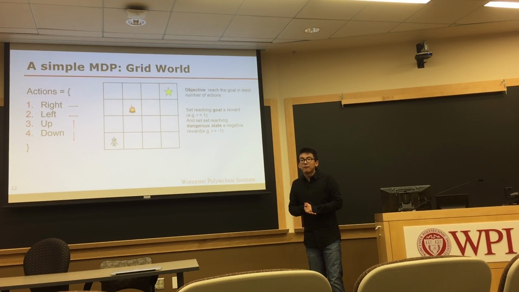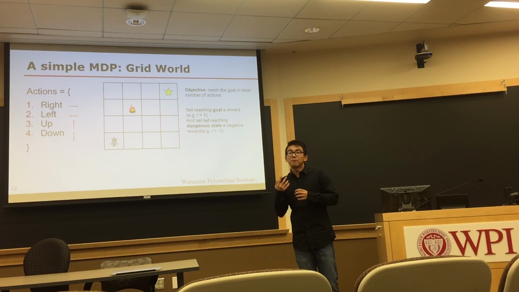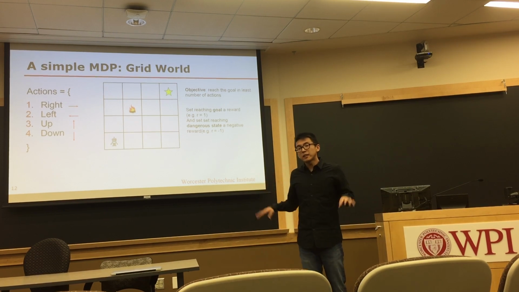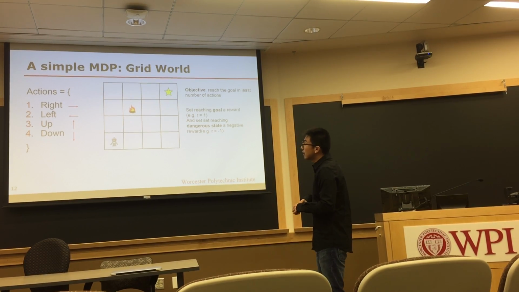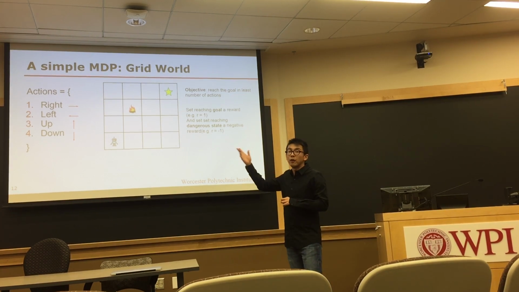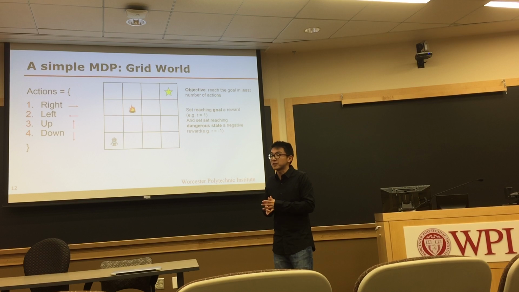Now I will give a very simple example about the MDP and the reward. Everything here is not continuous, it's discretized. Think about a robot that wants to go to the star, which is the goal position, and tries to avoid the fire, which is a very dangerous state.